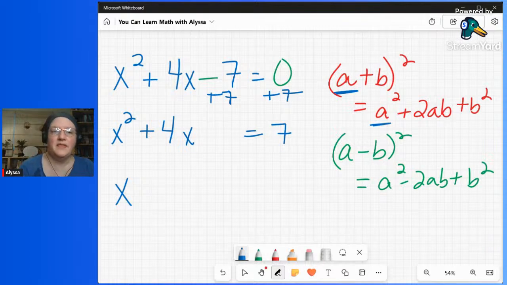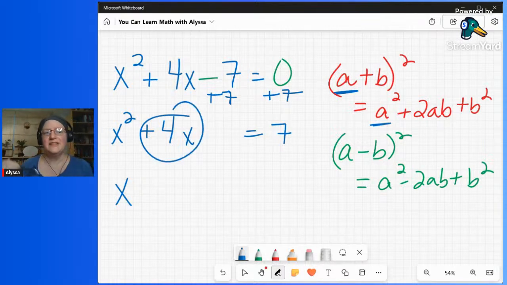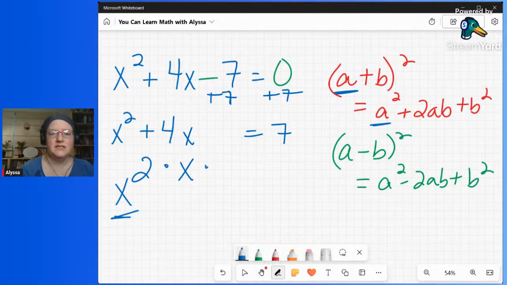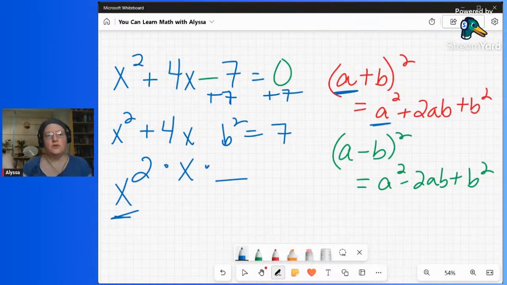So now this here in the middle is 2 times a times b, so it's 2 times my a times my b. And this is going to be b squared. So 2 times x times what equals 4x? That's the math we're doing in our head.